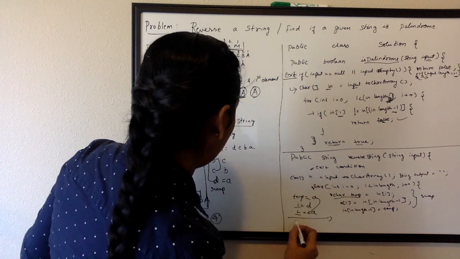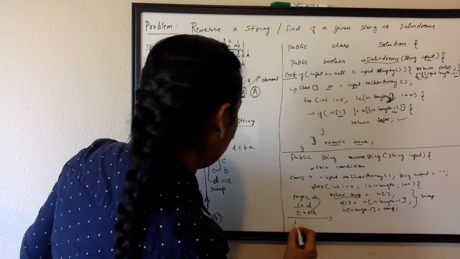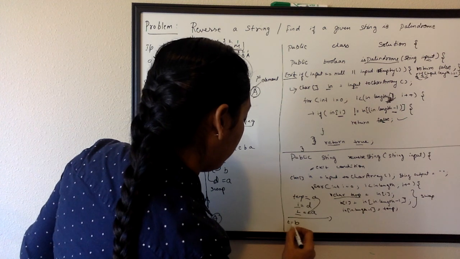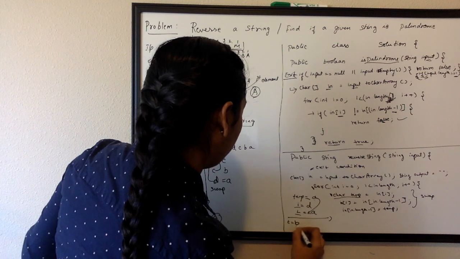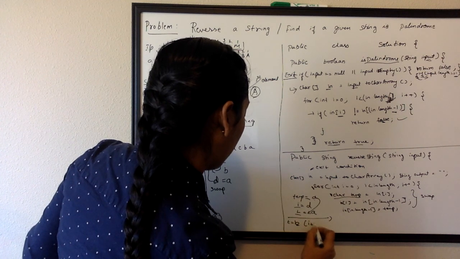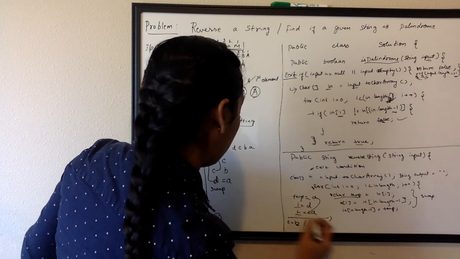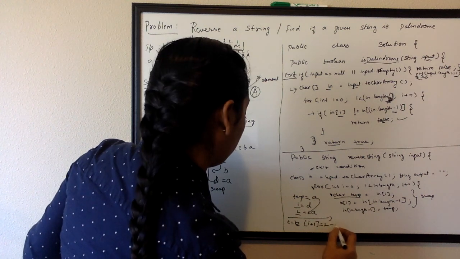So for the next, i plus 1 is B, we're going to put it into temp, and in place of B, that is i plus 1, we're going to put l minus 2, right?